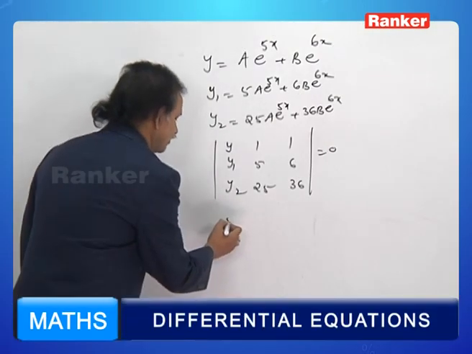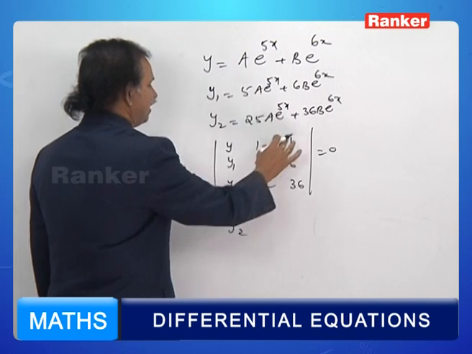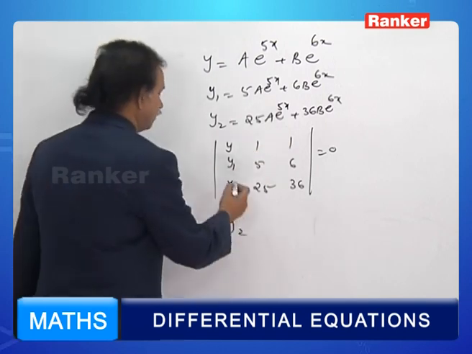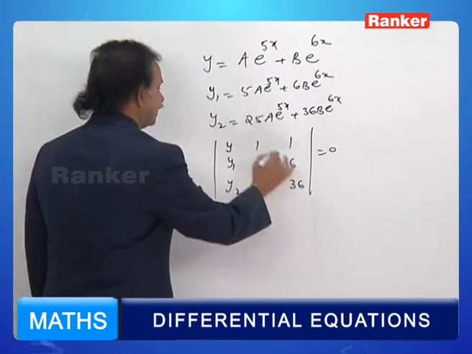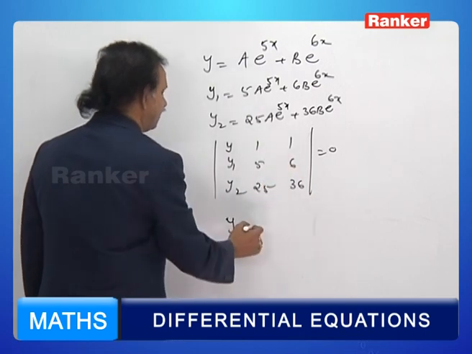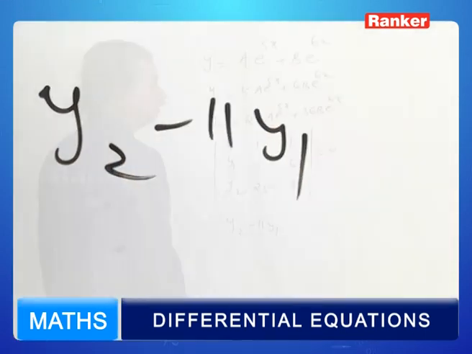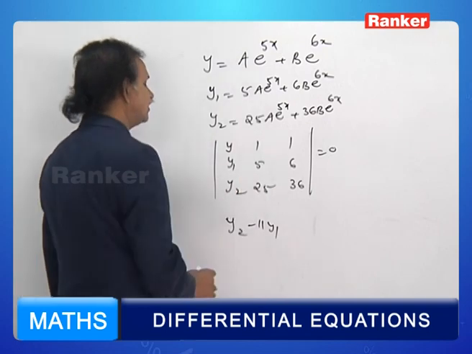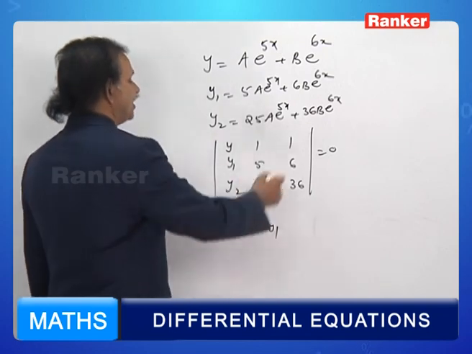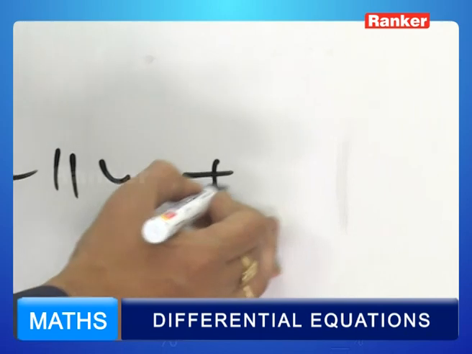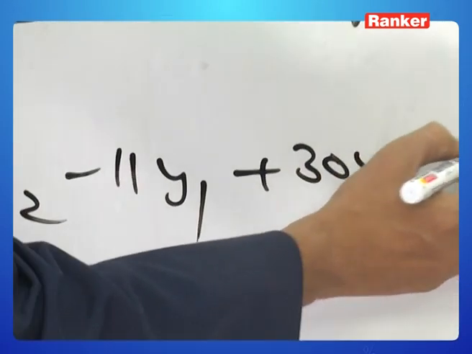Come on, y2 into 6 minus 5 is y2, minus y1 into 36 minus 25 is 11, minus 11 y1, plus y into 180 minus 150 is 30, plus 30 y is equal to 0.